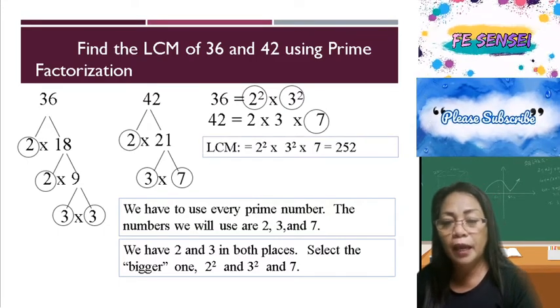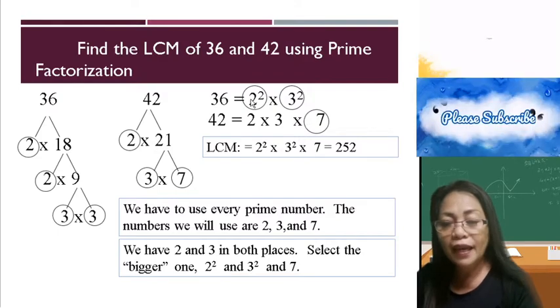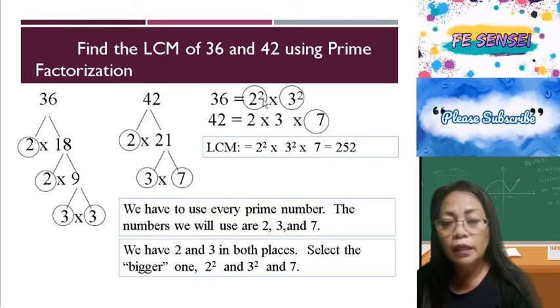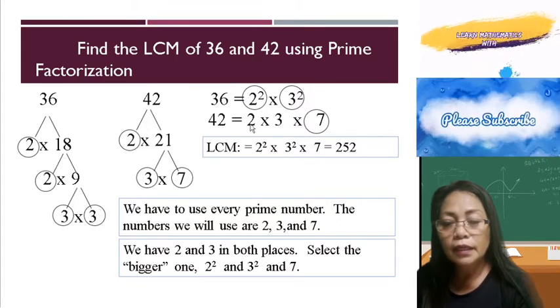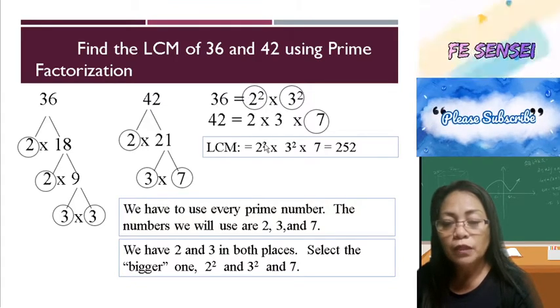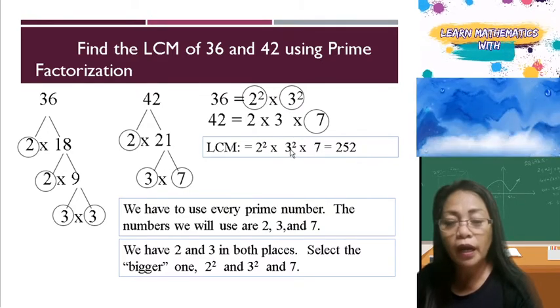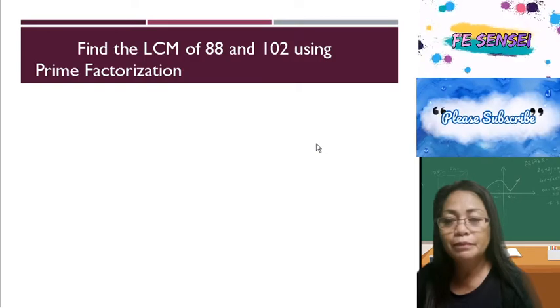So the LCM, we will get the numbers that is this one. So we have 2 squared times 3 squared times 7.